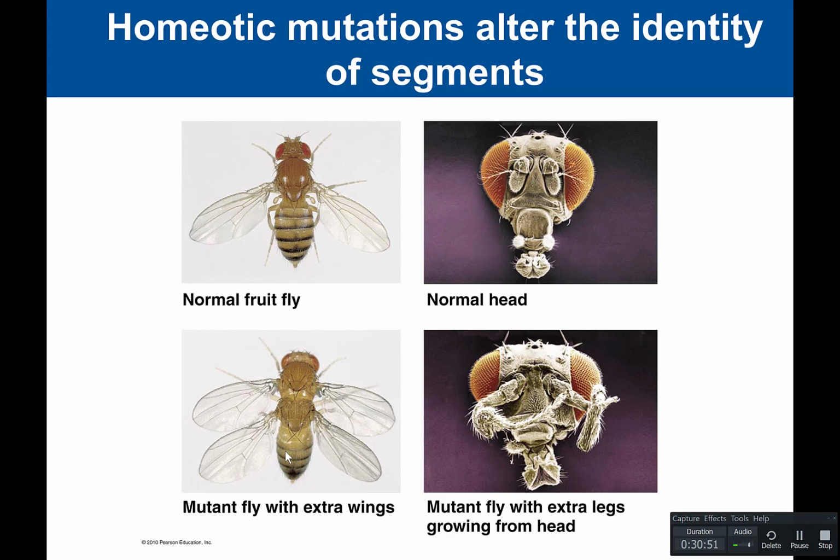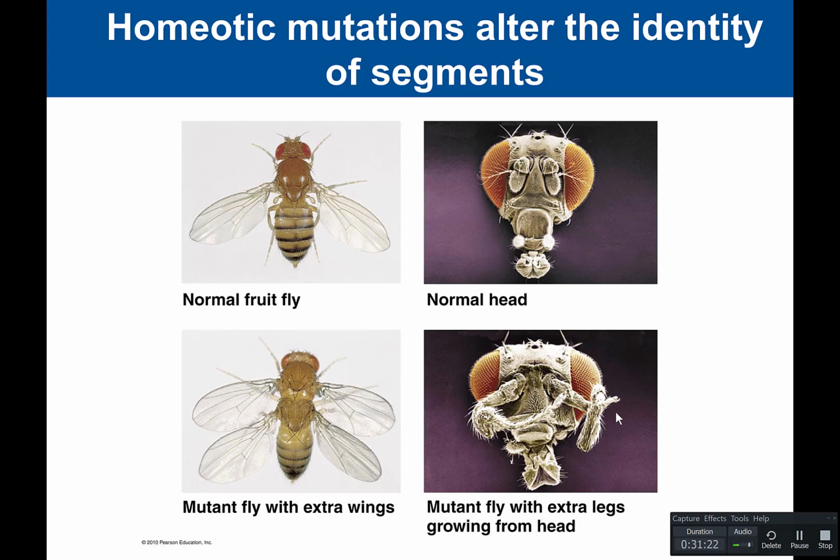If we were to look at a mutant fly that's called Antennapedia, the Antennapedia mutant has it so that where antenna would normally be, so if we look at the fly head, here would be where the antenna should be. If you take the leg gene and you put it on the chromosome where the antenna gene should be, what you end up with is leg segments growing where antenna should be.